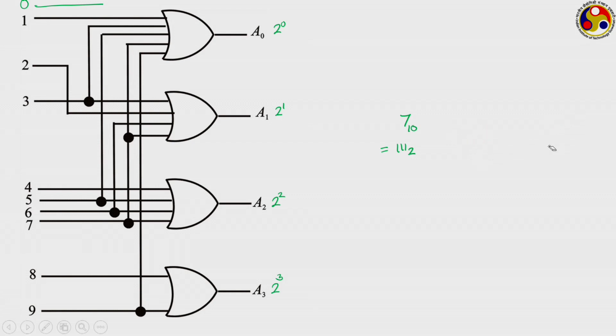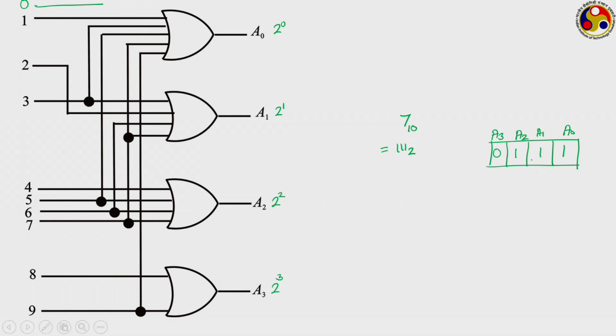This is the 4-bit register that we have. When you want to store the BCD equivalent of 7, this is your A0, this is your A1, A2 and A3. We need an operation such that A0 gives you a 1, A1 gives you 1, A2 gives 1, but A3 gives a 0. This is what we have to store.